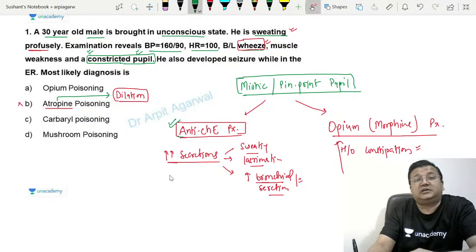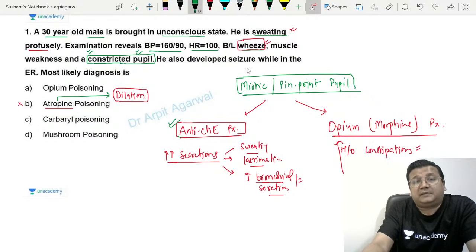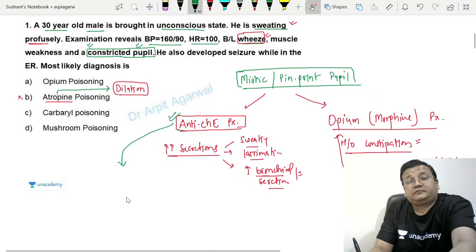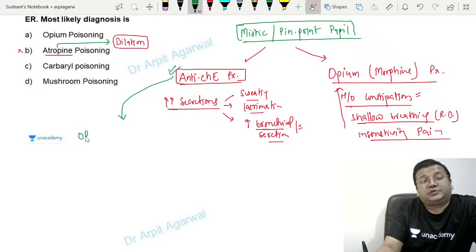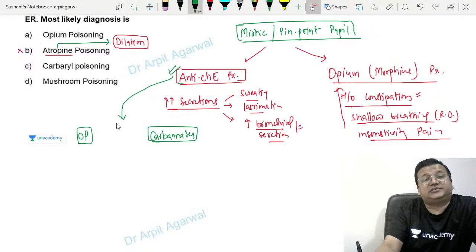Now what is the catch in the question? Typical presentation is given. Anticholinesterase poisoning can be of two types: organophosphorus or carbamates. Both are anticholinesterase.